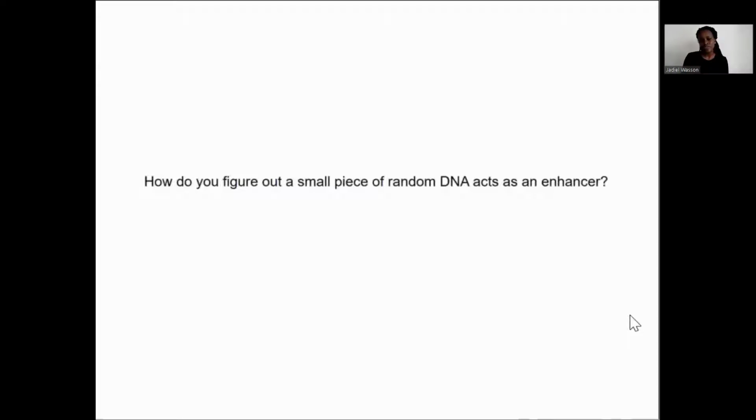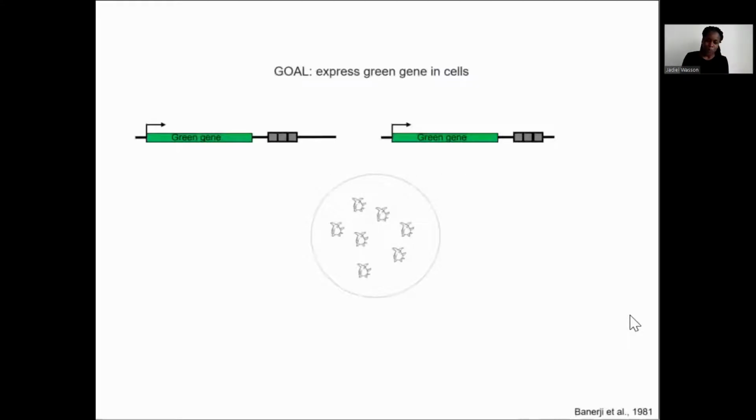So how exactly do you figure out that a small piece of random DNA acts like an enhancer? Well, in the early 1980s, there were several groups of scientists that were in the business of trying to study gene regulation. One particular group was interested in the regulation of, say, this green gene.